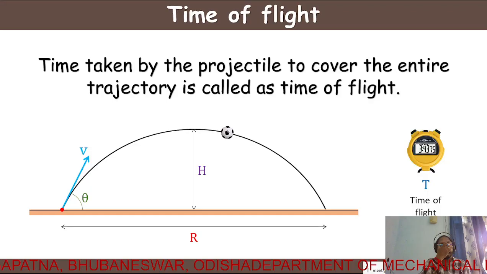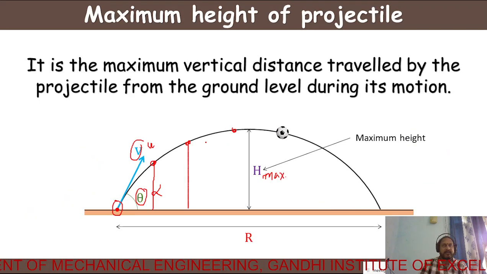Now here you can see this particle is following this particular trajectory path or not. If you want to find out, now this particle is going to this particular point, it is also going to this particular point, it is also going to this particular point. Now at this particular point, what is the vertical distance? You see the vertical distance is going on increasing or not?